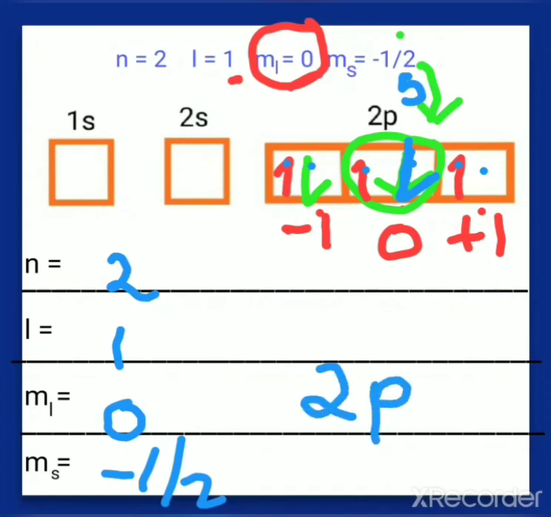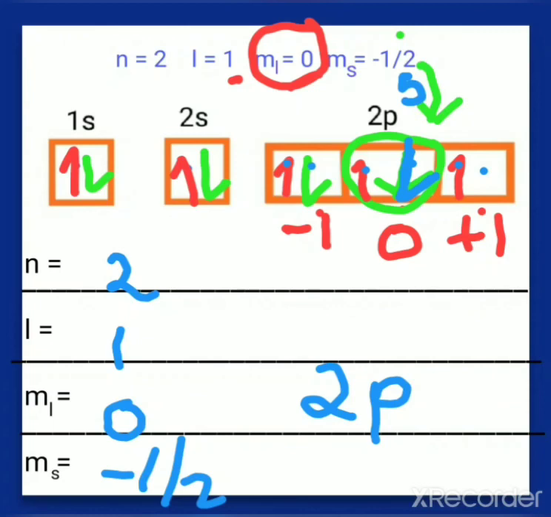2p subshell. And once we know that it is 2p, the filling of 2p only starts after the filling of 1s and 2s. So the electrons must be fully filled here, and only then the filling of 2p starts. So it shows that here also electrons are there, these orbitals are fully filled, and then only the pairing will start.